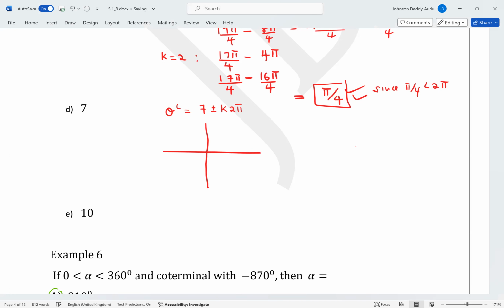If you have 0 here, this is pi over 2, this is pi, this is 3 pi over 2, and this is 2 pi. Pi is approximately 3.14, so 2 pi is approximately 6.28.